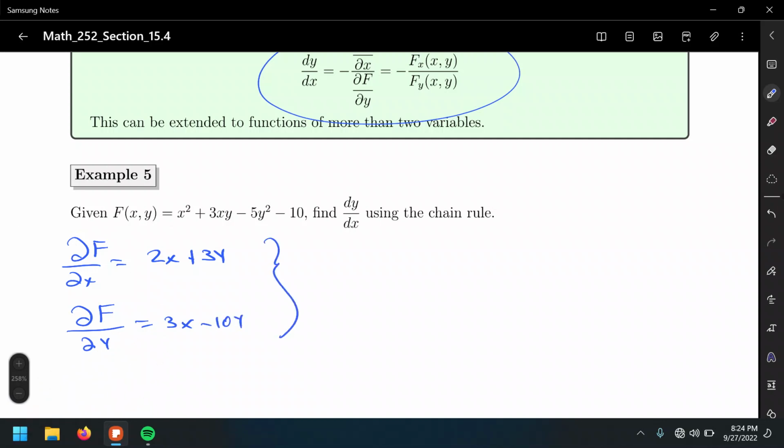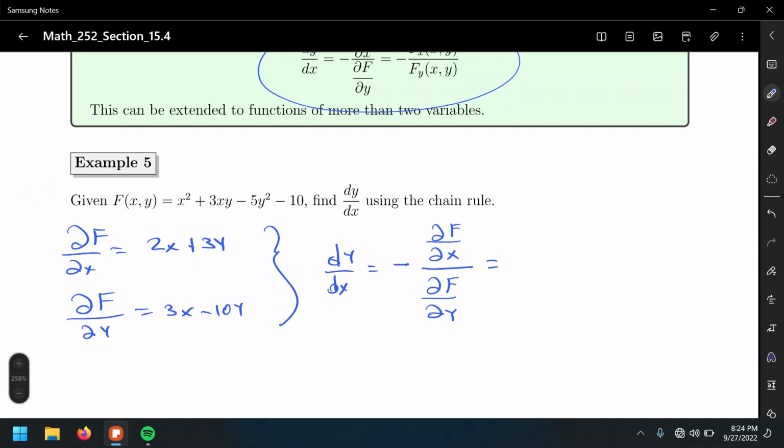Alright, so using this information, dy dx equals negative the partial of f with respect to x divided by the partial of f with respect to y. And let's just write what we have where it corresponds. So negative 2x plus 3y over 3x minus 10y. Isn't it the same result?